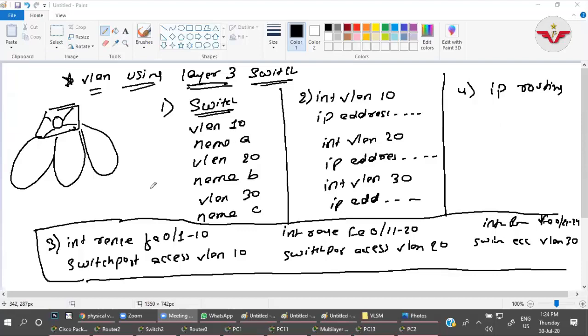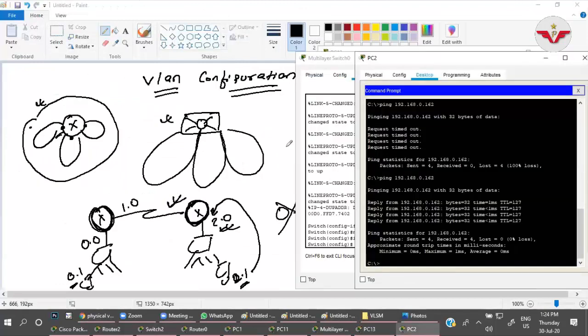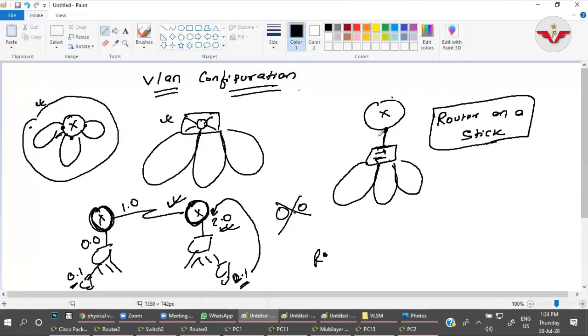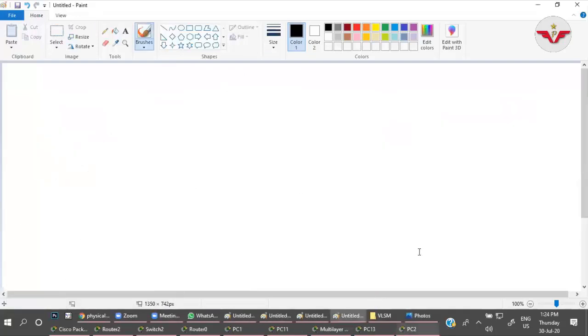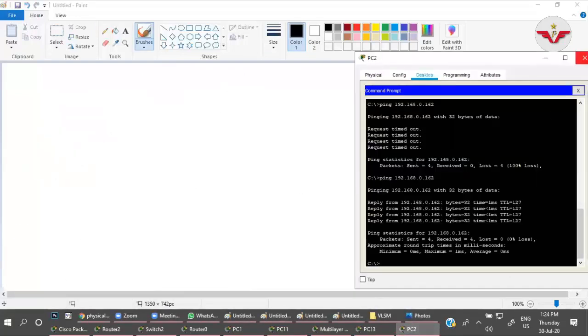All right. So now I am going to the most important and most used in the industry, that is the router on a stick process. Okay. Now let me close these things.